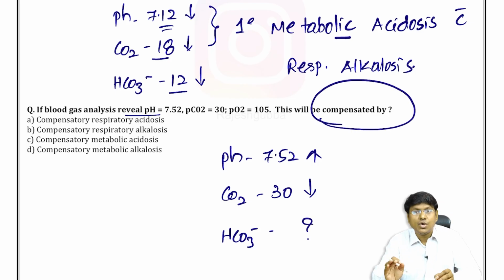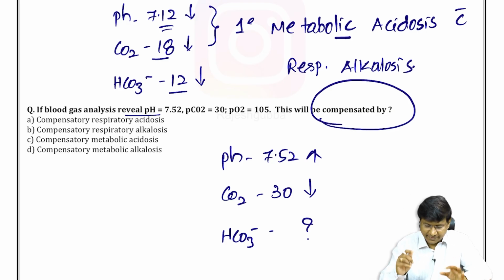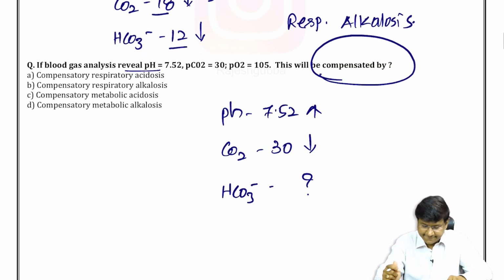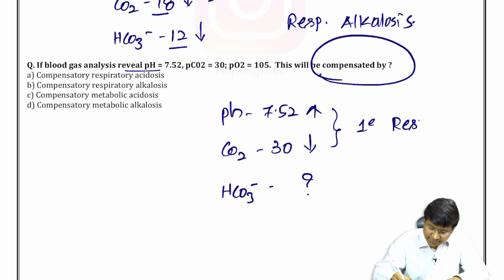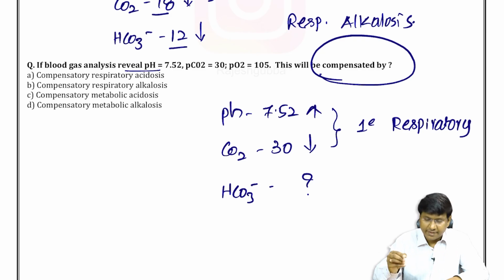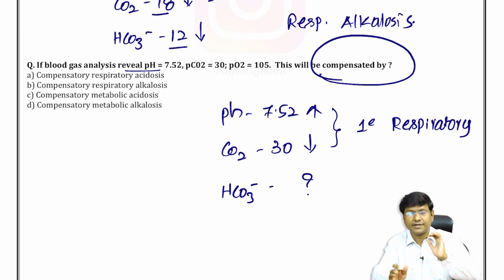This will be compensated by, is the question. Now you see here, the pH and PCO2 are changing in opposite direction. When they are changing in opposite direction, what is the primary acid base disorder? That is primary respiratory.